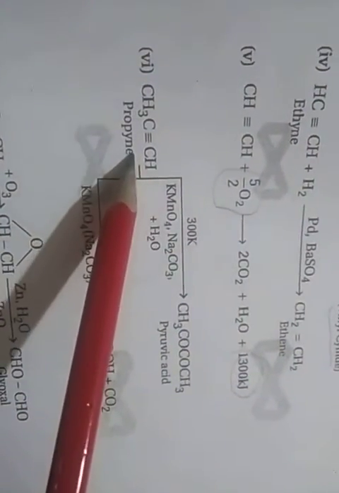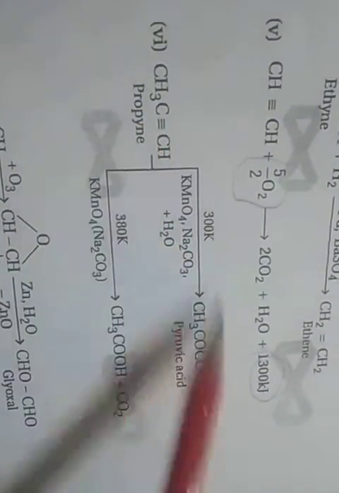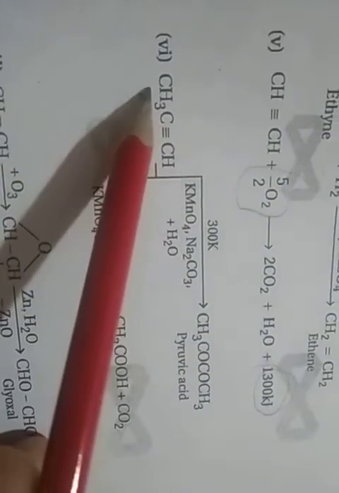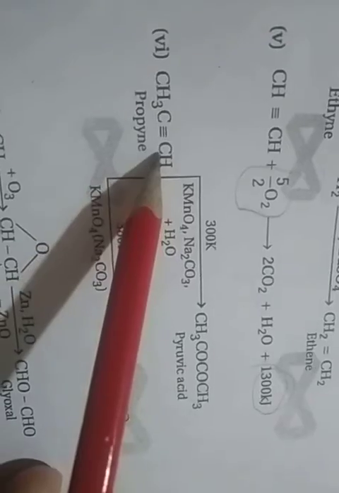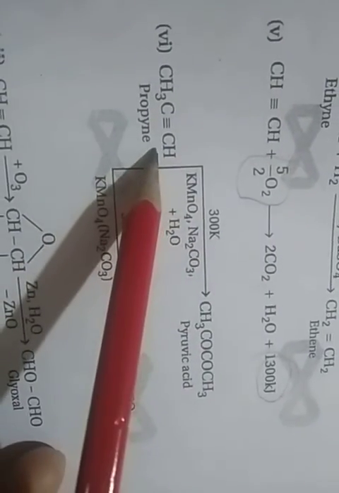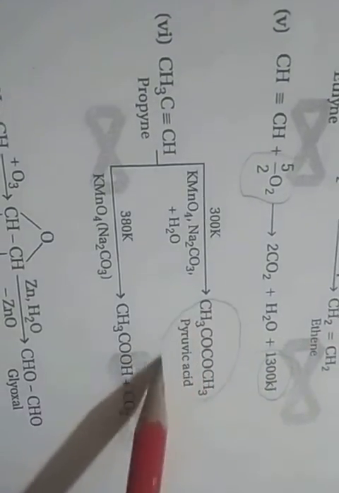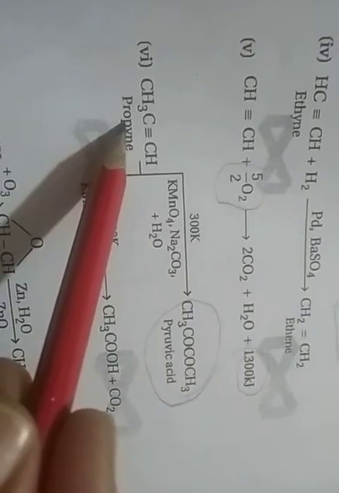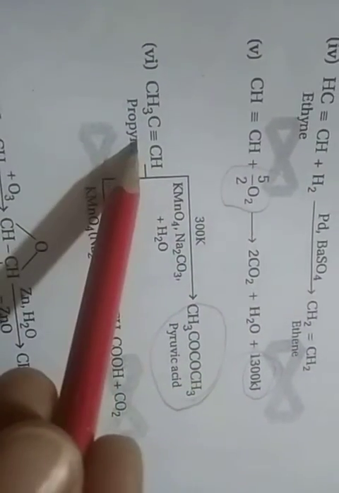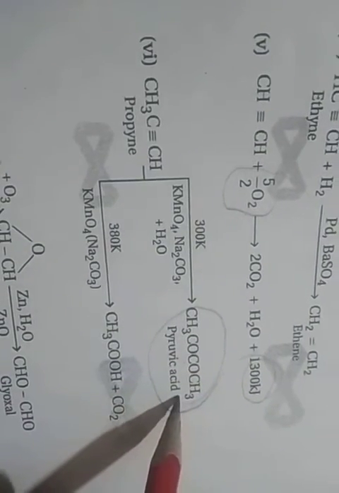So here propyne is CH3 C triple bond CH, with KMnO4 oxidizing. Both carbons get attached with oxygen. The triple bond converts into a single bond, giving CH3 CO and CO with CH attached to 2 hydrogens. This is obtained because KMnO4 gives nascent oxygen and water is also added. Both carbons are attached with oxygen.